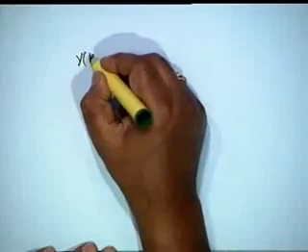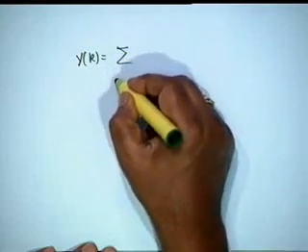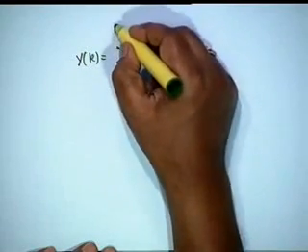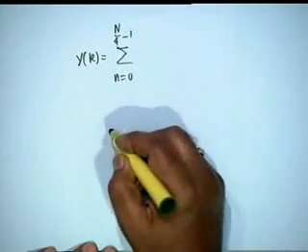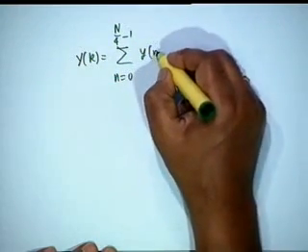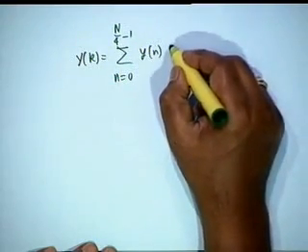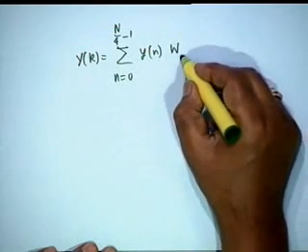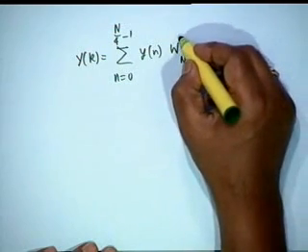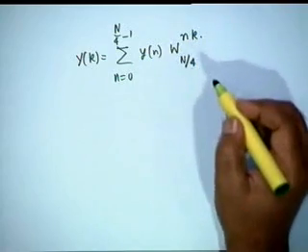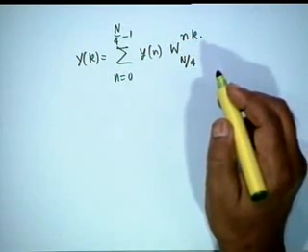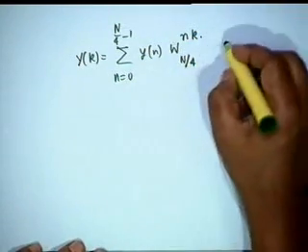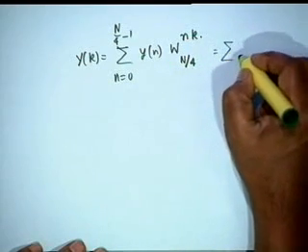Okay. So my Y of k by definition is the sum for n equal to 0 to capital N by 4 minus 1 of y of n W of N by 4 raised to the power nk. And I substitute for y of n.